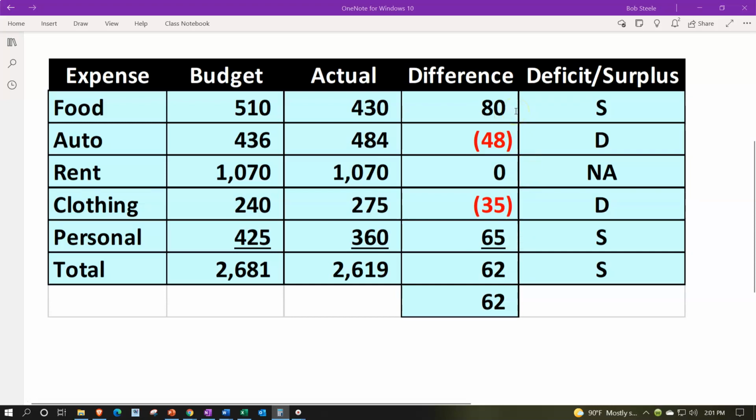You could have a swing up here that's over by 5,000 and the other one's under by 4,020 or something like that, that when you add them together nets out to a small difference. But if you were to see the individual categories, you'd say, hey, there's something very strange within there, or maybe there's something that I need to look at in more detail. So just realize that that could happen quite often.